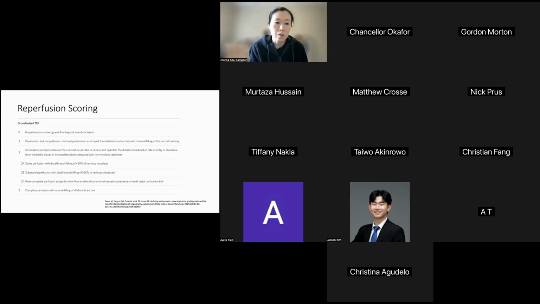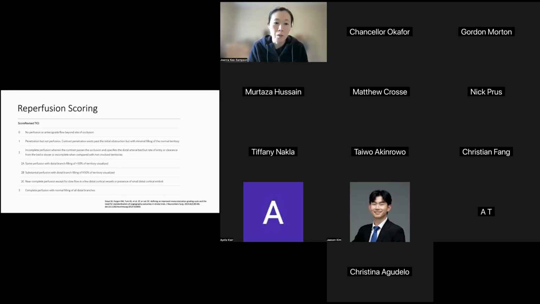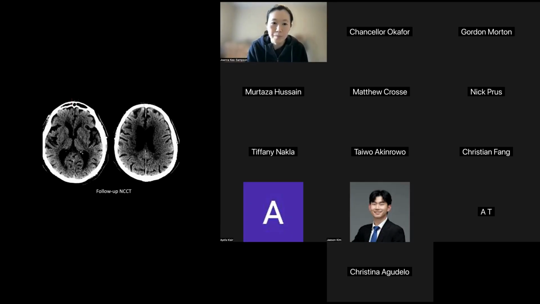The reperfusion score that we're aiming for when we do thrombectomy is at least a 2B, which is substantial reperfusion to the distal branches, filling at least half of the territory that's visualized. A modified TICI 3, which was what we got in the previous patient, would mean that we have complete reperfusion with normal filling of all the distal branches.